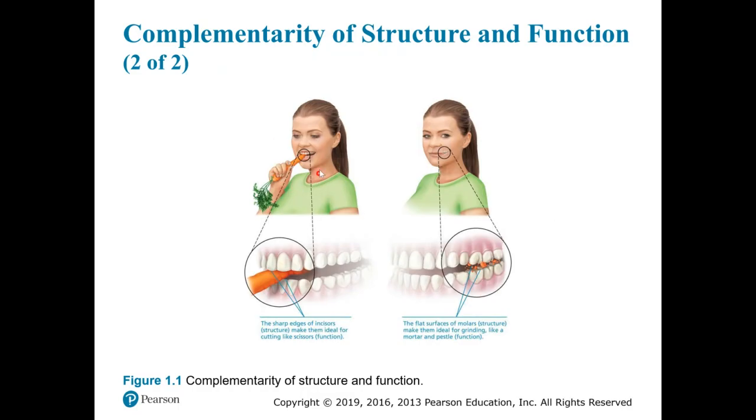She looks like she's really enjoying that carrot. But we don't want to take a chunk off a carrot. We have the teeth in front, the sharp knife-like edges of the incisors, which will break the carrot into a smaller piece, and then we can grind it on the flat surfaces of our molars into littler pieces until we can swallow it.